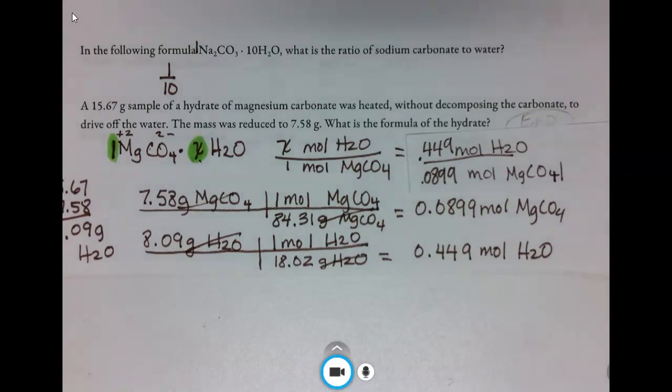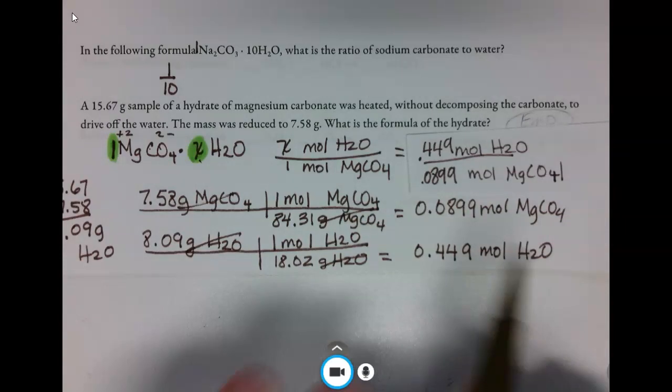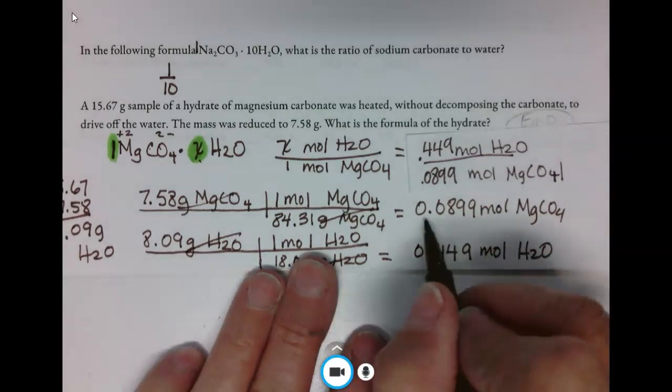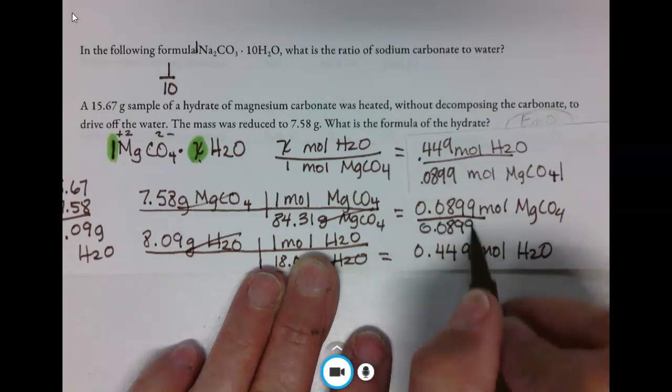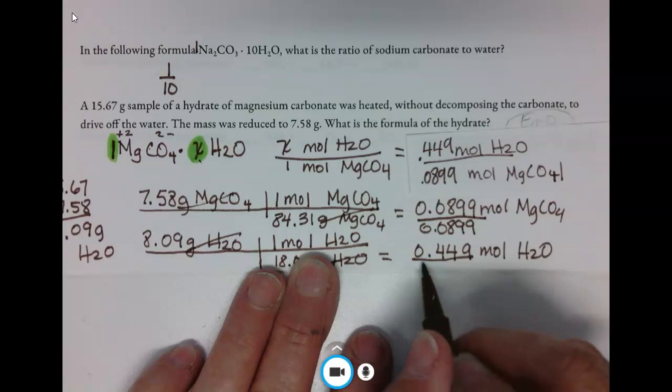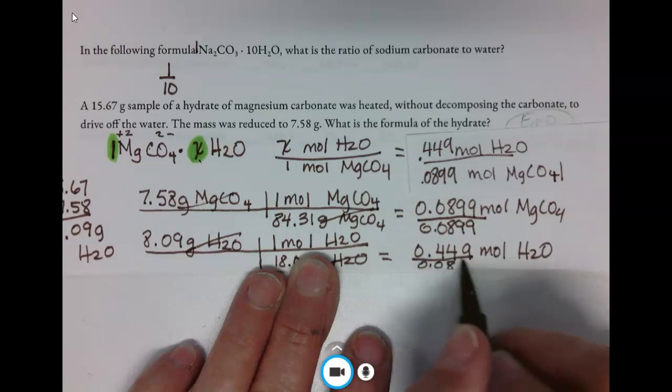Now, the other way that I showed you in class was to just divide by the smallest. So in this case, we would come in here and again divide by the smallest. I'm running out of room, so sorry about that.